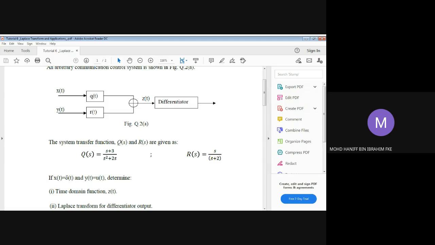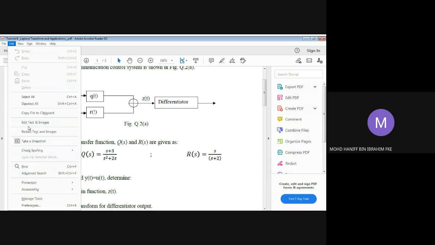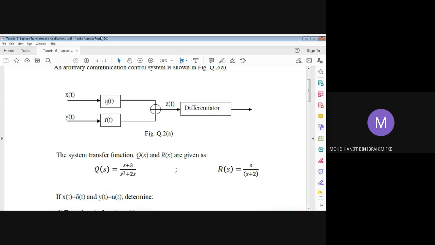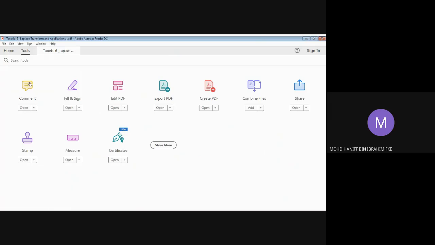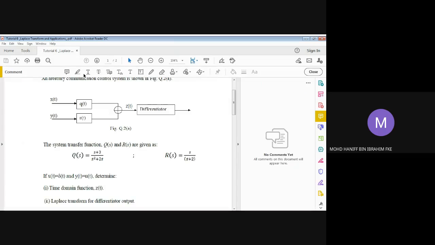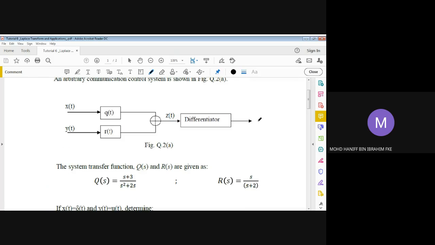Okay, let us proceed with these questions. From this diagram, let me get a tool. Right then.